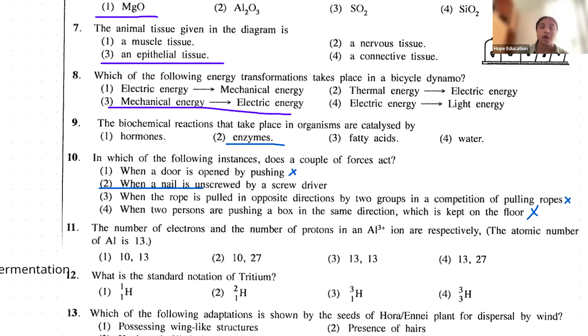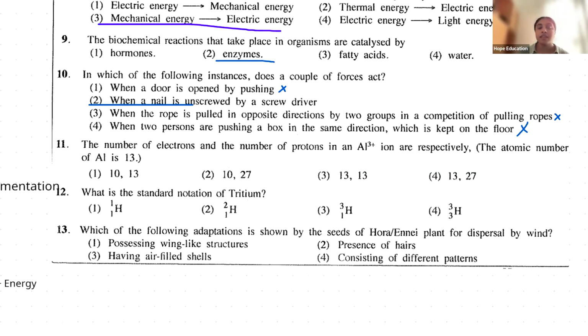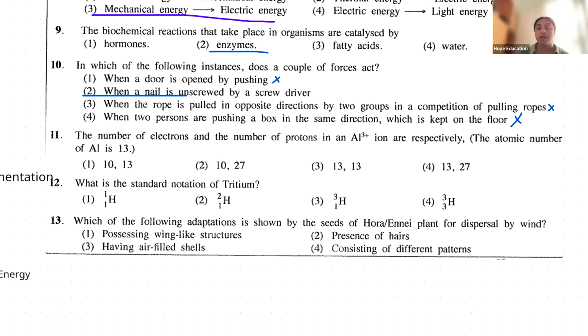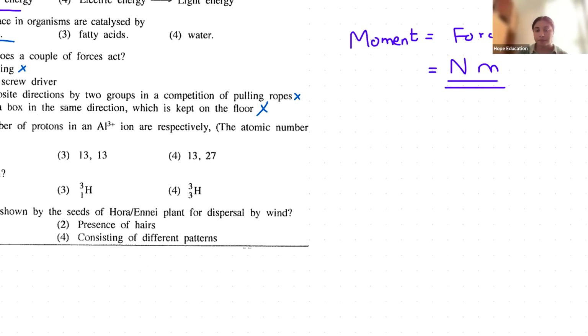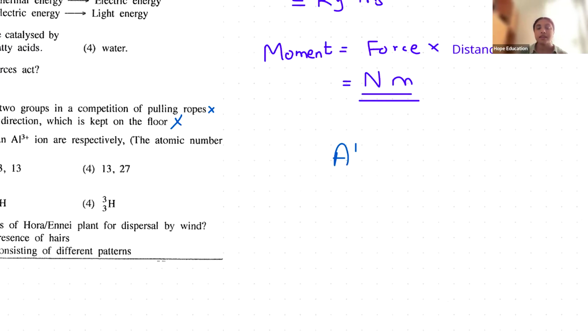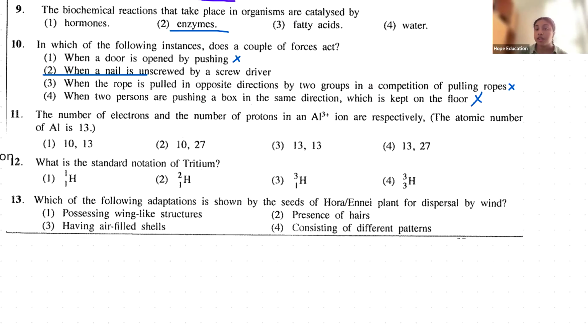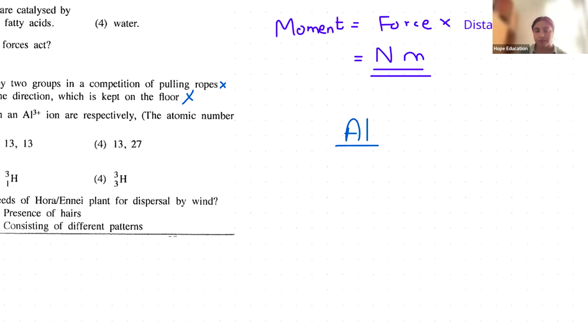All right, next one. The number of electrons and the number of protons in Al3 plus ion are respectively. What is the answer? Okay. If you take aluminium, we know its atomic number is 13, right?